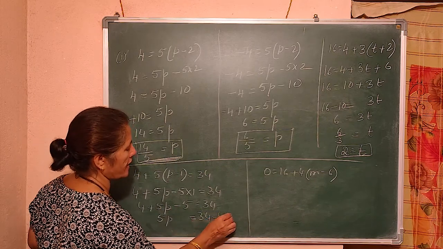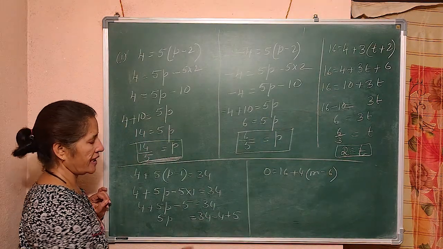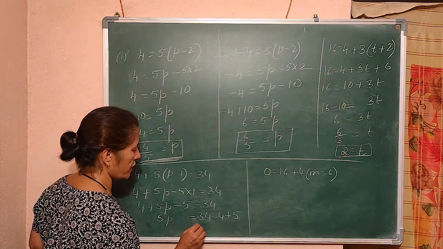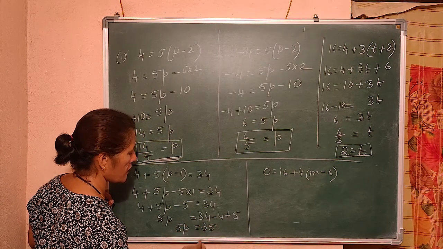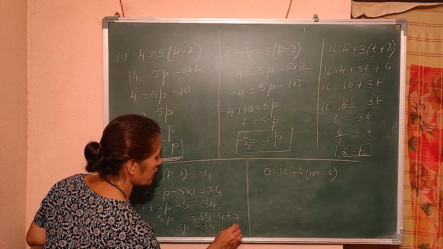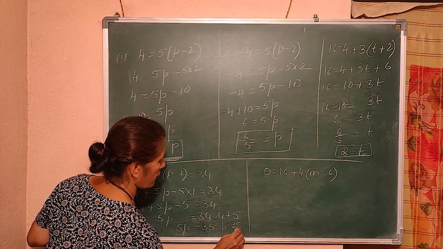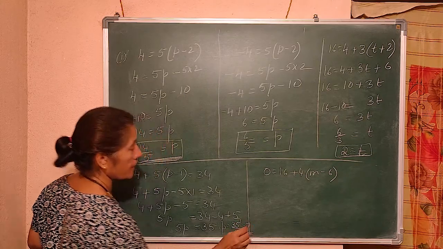Minus 5 you take that side, plus 5. 34 minus 4, 30. 30 plus 5, 35. That is 5p is equal to 35. So therefore, p is equal to 35 divided by 5. 5 ones are 5, 5 sevens are 35. P is equal to 7.